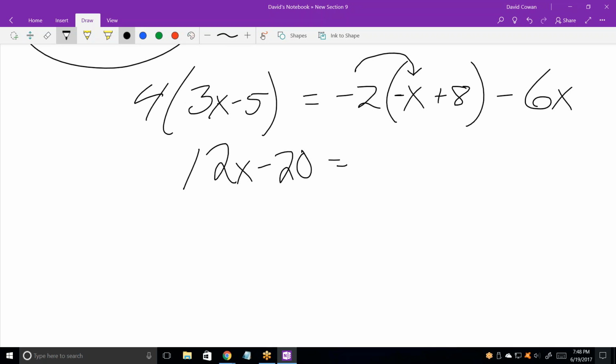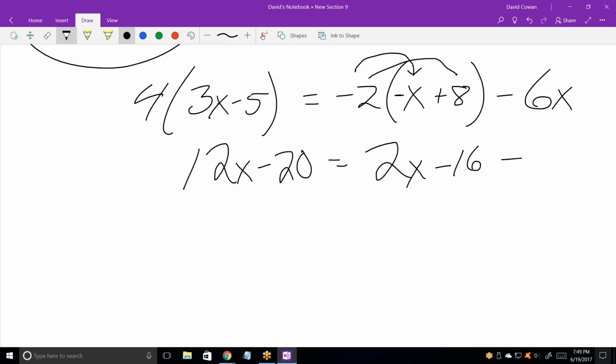What's minus 2 times minus x? 2x. Yeah. And then distribute it to the other term. What is that equal to? 2x plus negative 16. Or just 2x minus 16. We don't need that extra plus sign in there. In other words, when you have a plus and a minus sitting together like that, it's just the minus.